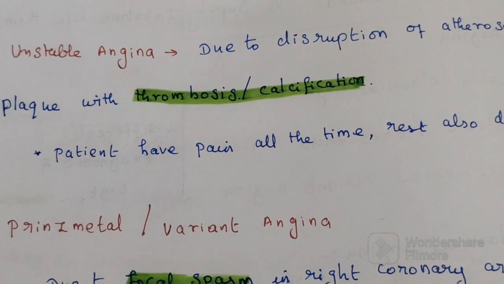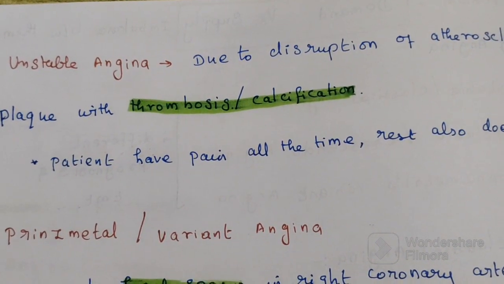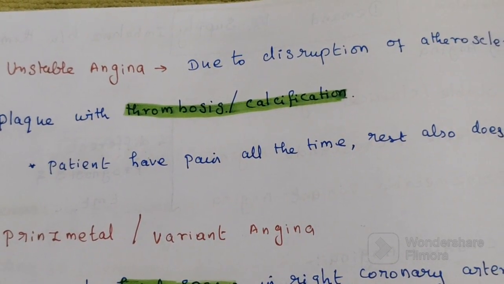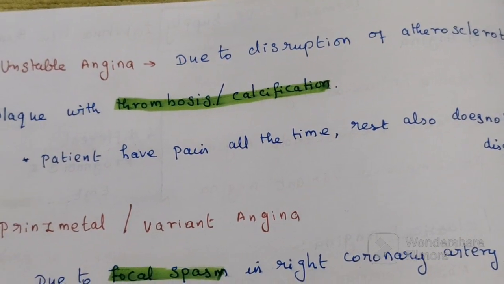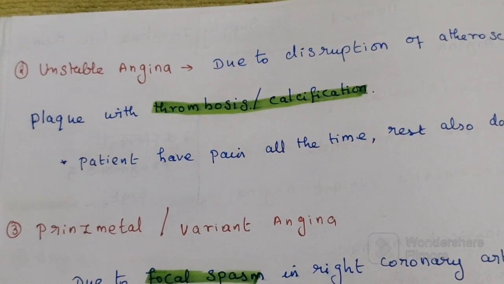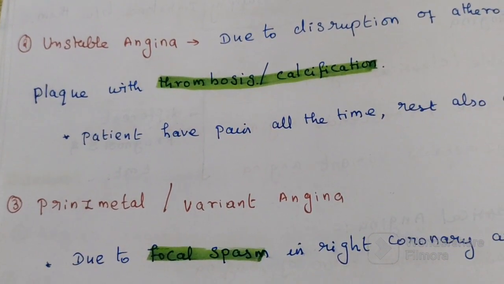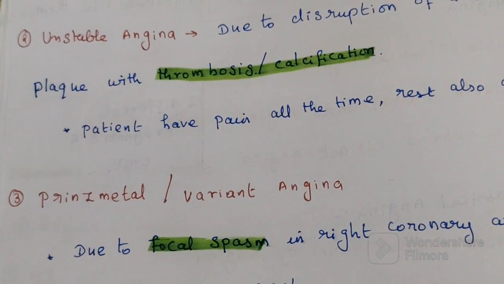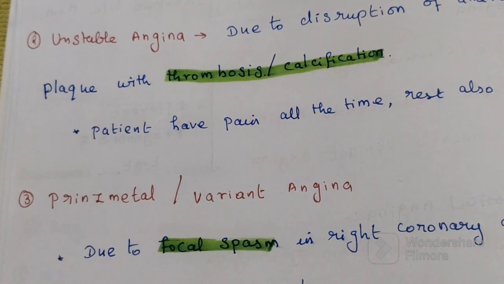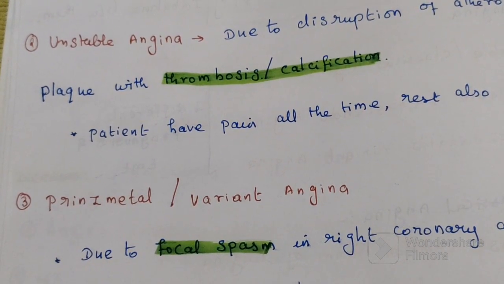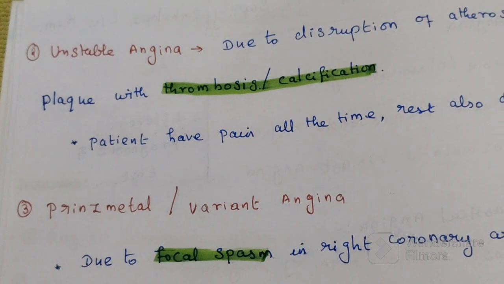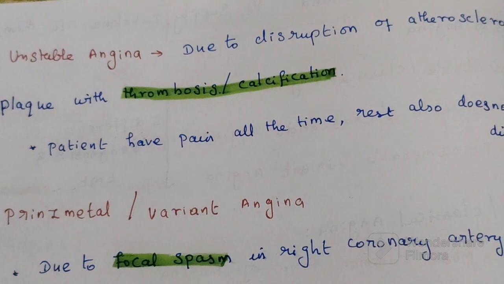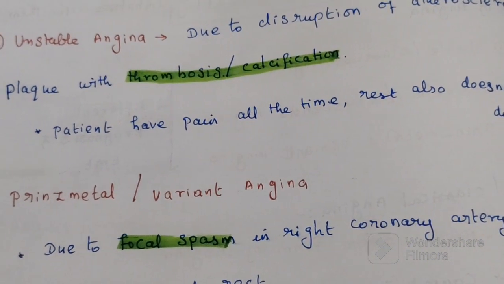The second type is unstable angina. The coronary obstruction is still there, but it is not atherosclerosis. It is from non-atherosclerotic causes. It can be thrombosis or calcification.